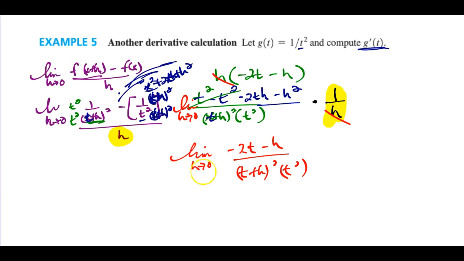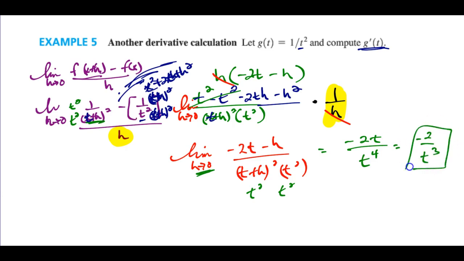So if I go ahead and let every h be 0, I'll have negative 2t over, now this is interesting, t squared and t squared are t to the 4th, which by the way is just negative 2 over t cubed. And this is the formula that I'm going to use to find the slope at any given t value instead of an x value.